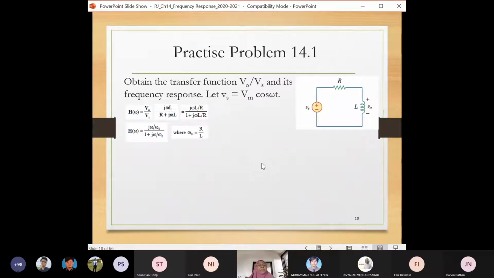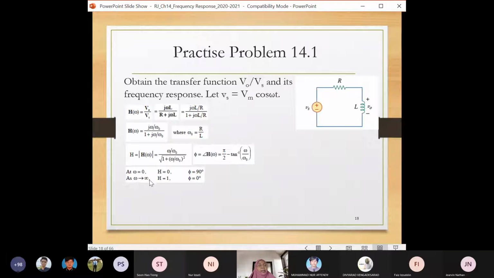Therefore the magnitude of this transfer function H is omega over omega naught divided by the square root of 1 plus omega over omega naught squared. And the phase angle of H omega is pi over 2 minus tangent inverse of omega over omega naught. So at omega equals 0, H equals 0.